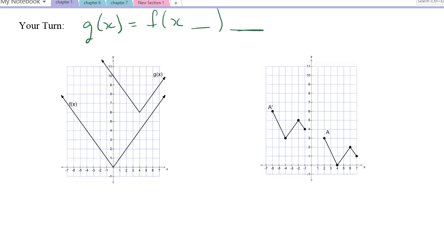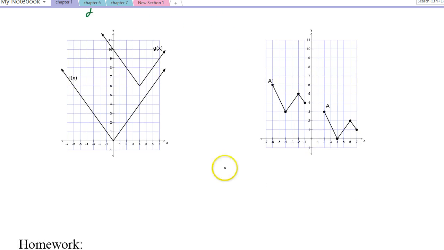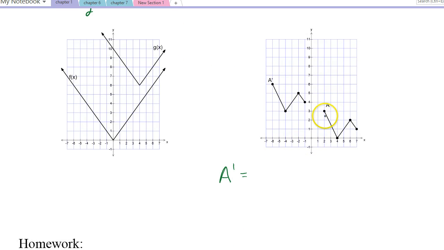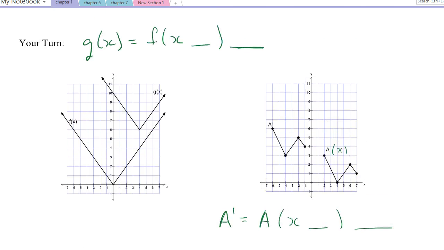And then for our last one, I think you will write something like a prime is equal to, in this case, it's not written as a function, so maybe we'll write a of x either plus or minus something, and then plus or minus something there as well. So we'll turn it into a function notation. I'll call this a of x. How's that? Okay, I'll hit pause and I'll see if you guys can complete those.